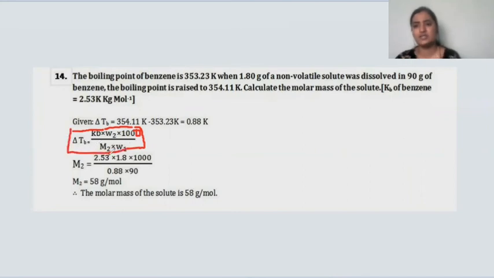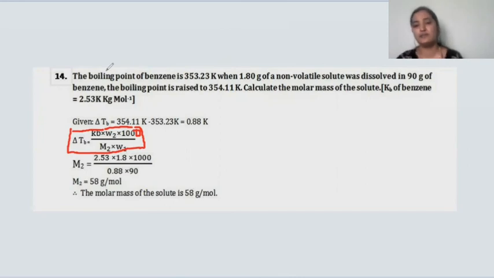What is this delta TB representing? Delta TB is the elevation in boiling point. Kb is the ebullioscopic constant. W2 is the mass of the solute, into 1000, divided by M2, the molar mass of the solute. W1 is the mass of the solvent.